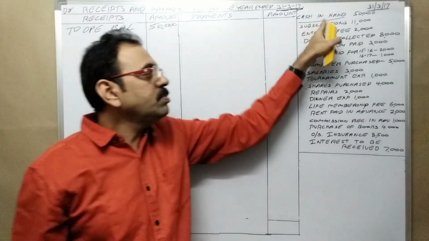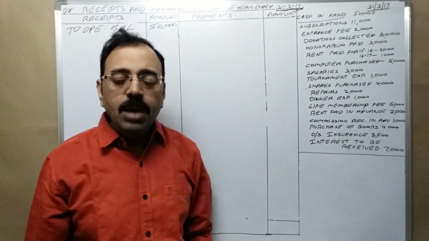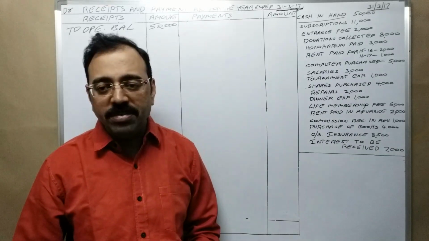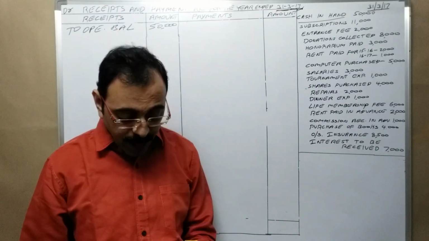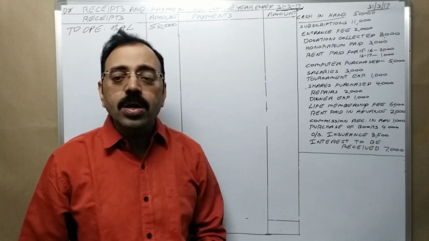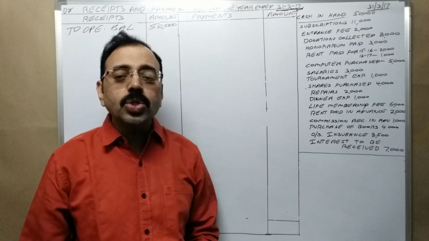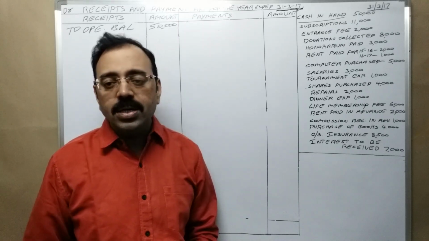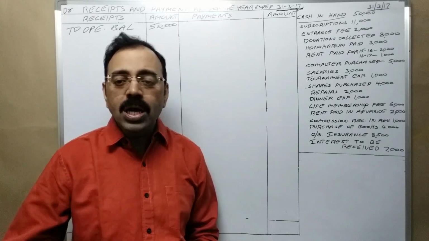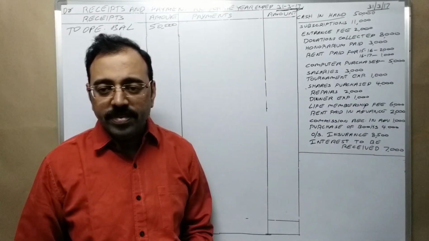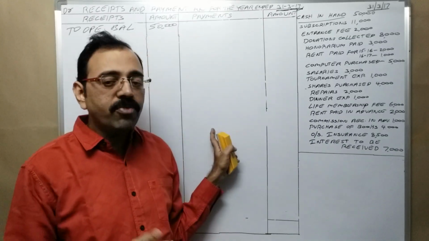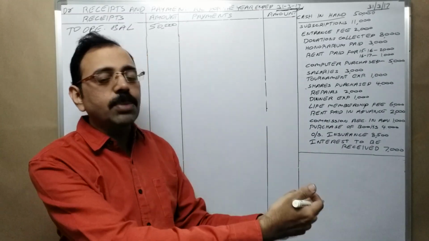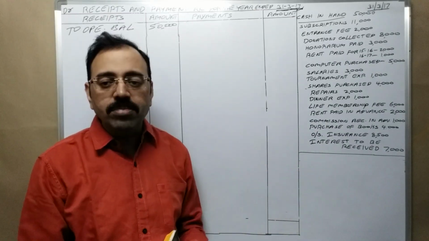Next, subscriptions. In my previous video, I have explained what is meant by subscription. Subscription means when a member wants to continue his membership, then every year he should pay some amount to the organization. So from the organization's point of view, this subscription is income.